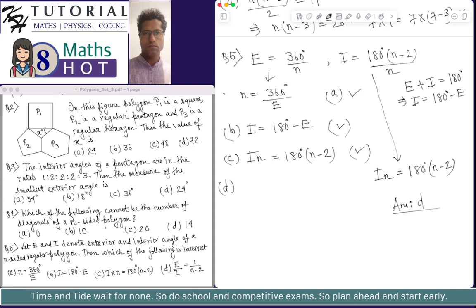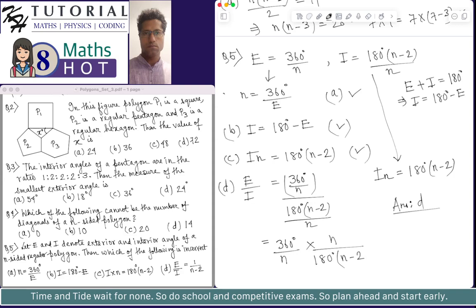Let's anyway discuss what is choice D. It says that E by I is equal to 1 by N minus 2. Let's find out what will be E by I. E is 360 degree by N, and I is 180 degree multiplied by N minus 2 divided by N. If you simplify, it will become 360 degree by N multiplied by N divided by 180 degree multiplied by N minus 2.